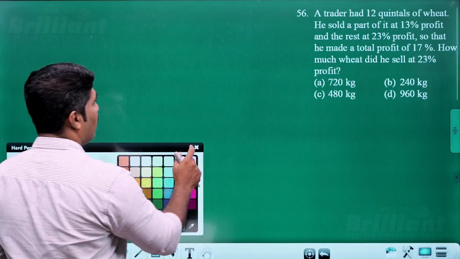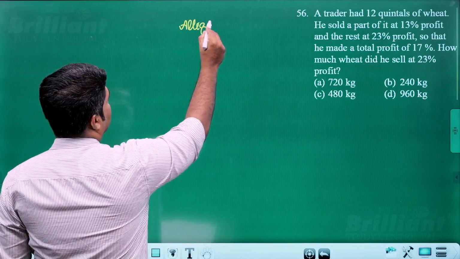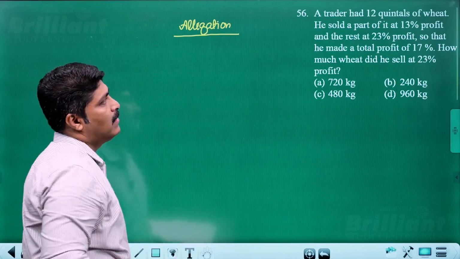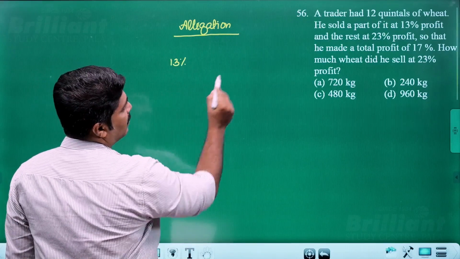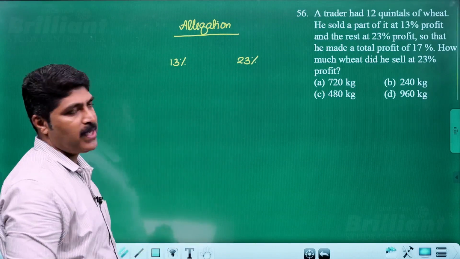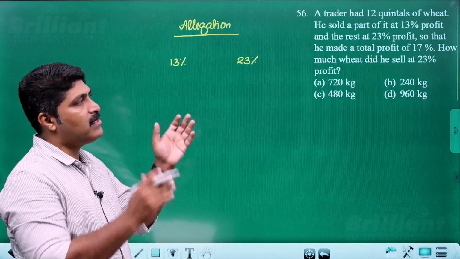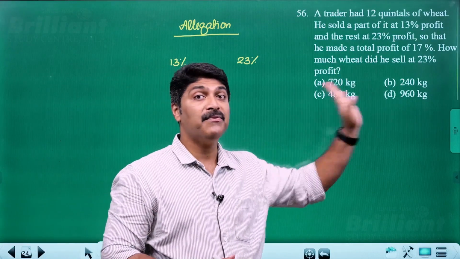Alligation is a mathematical tool for finding the weightages. Here the first variety is sold at 13% profit. Second variety is sold at 23% profit. If the students are not much aware about alligation, just understand, I simply explain how to apply the alligation tool for finding the ratio of these two varieties.